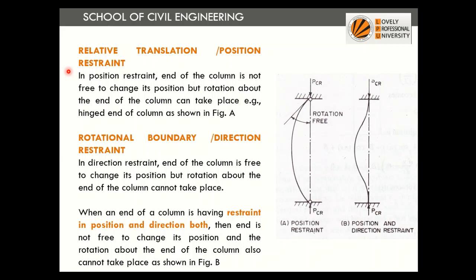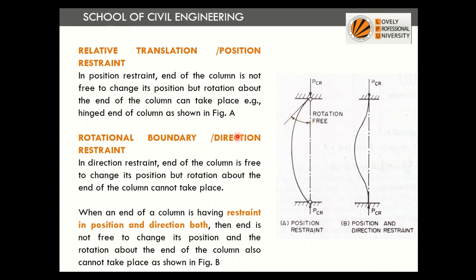So continuing our discussion on the translation and rotational restraint, start with relative translation or position restraint. This means that the end of the column is not free to change its position, but rotation about the end can take place. As you can see, the end points of the column are restrained. They are not allowed to change position and they are free to rotate.